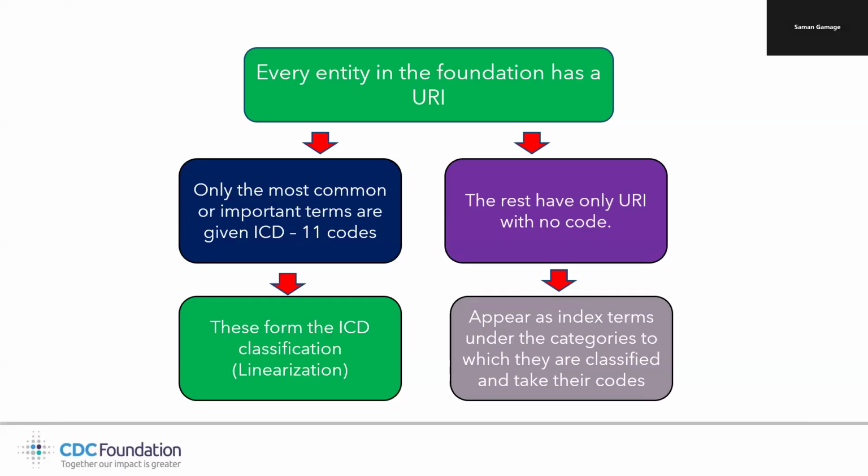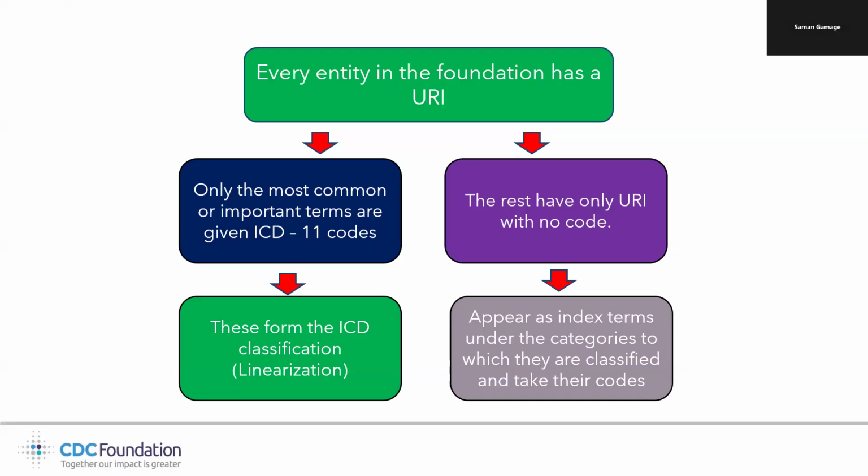So every entity in the ICD-11 foundation has a unique resource identifier. However, only the most common or important terms are given ICD-11 codes, and they form the ICD classification or linearization.